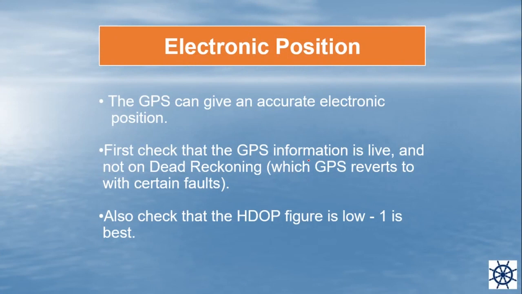Now, since GPS, I would like also to share how to obtain position fixing using GPS. The GPS can give an accurate electronic position. First, check the GPS information is live, not on dead reckoning, which GPS reverts to with certain faults. Also check the HDOP figure is low, below 1 is best.